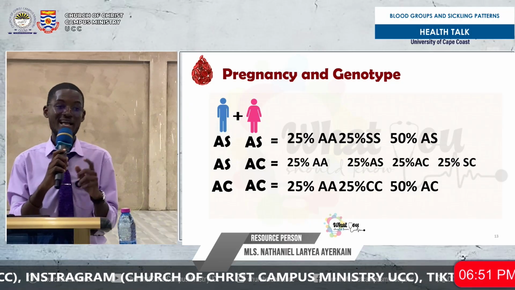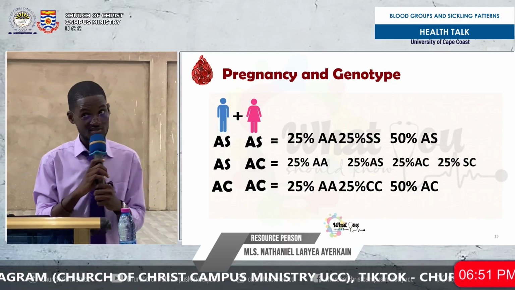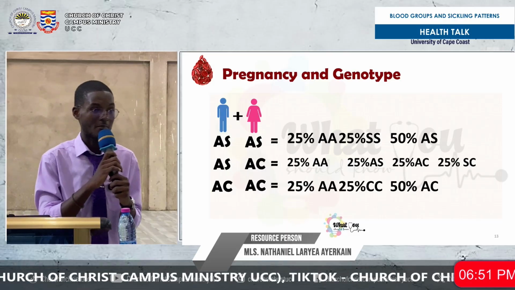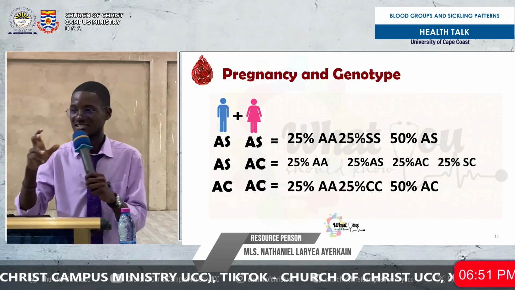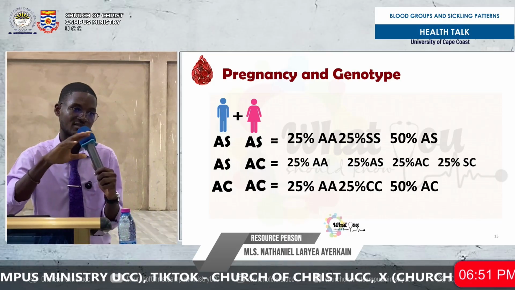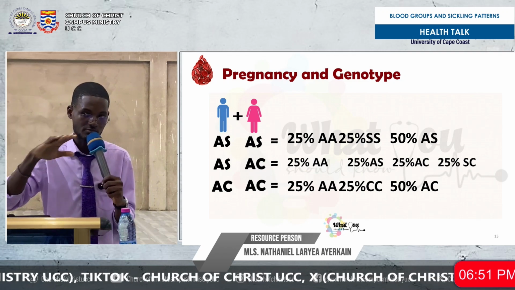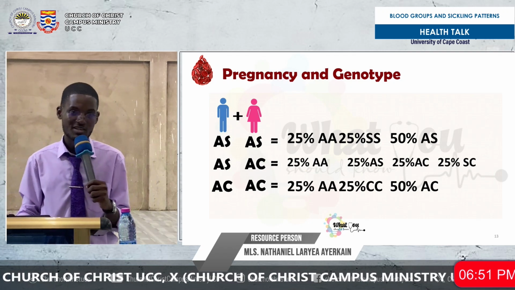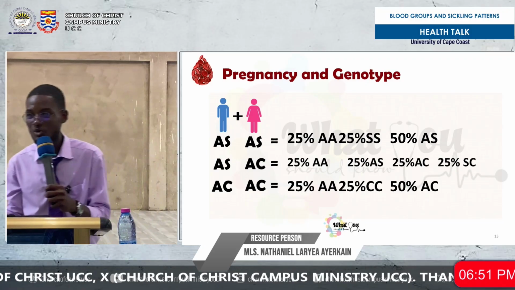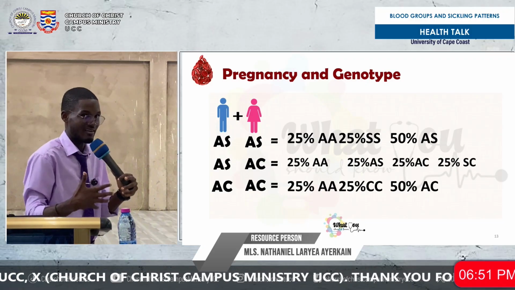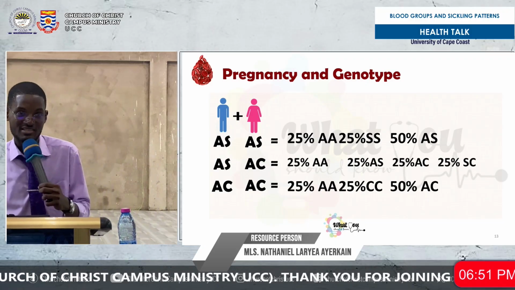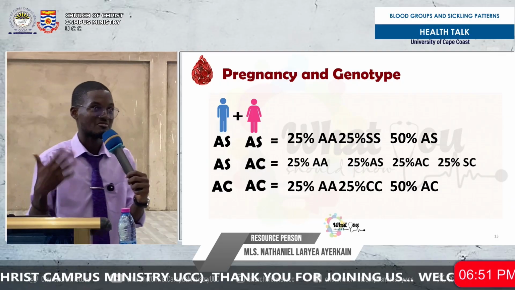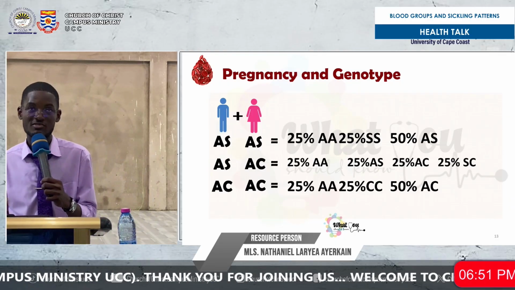Now, people who are SC also have sickle cell, but their condition is a bit milder than SS people, just a bit milder. And if two people with AC decide to marry, maybe they want to gamble, it's fine.